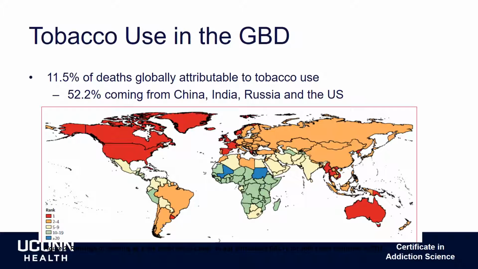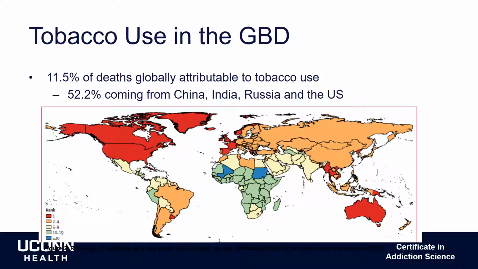Now, let's highlight tobacco use a little bit. It's still priority number one in the public health community. It's spun off the tobacco control movement, which is almost its own field in its entirety. About 11.5% of all deaths globally can be attributed to tobacco use, either directly or indirectly. But it's very concentrated.